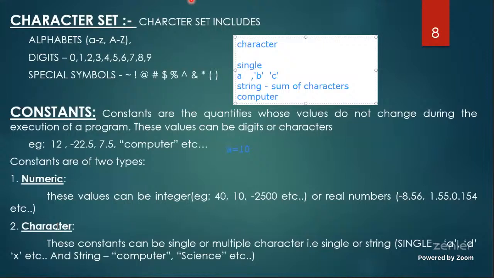Numeric has two types, integer and float. Integer stores whole numbers, float stores numbers with a decimal fraction. And character also has two types, single and string. Single means to store a single character, string means to store a group of characters. Up to this, is it clear to you all?